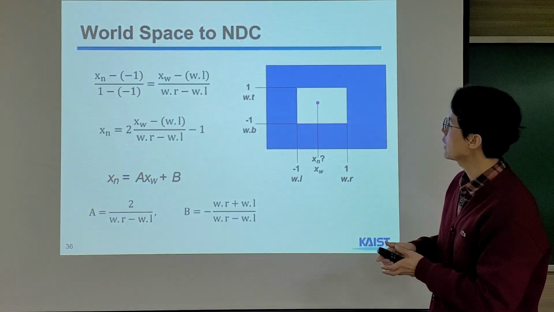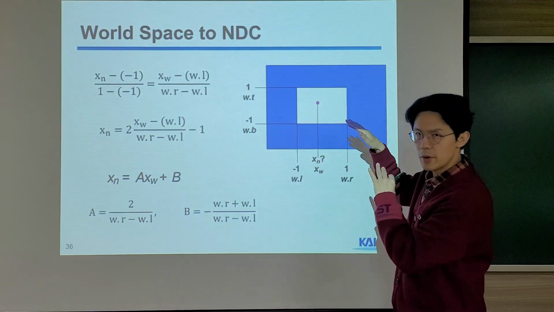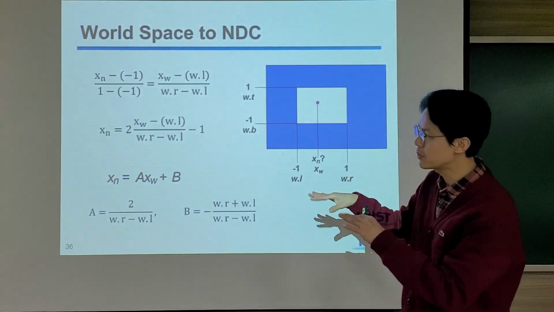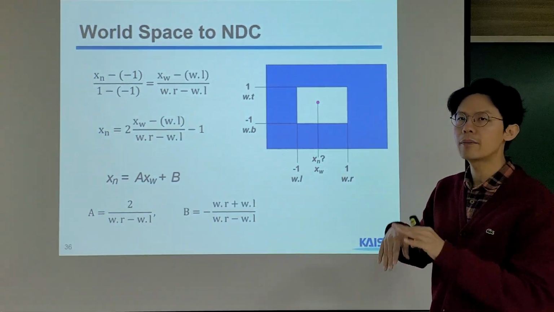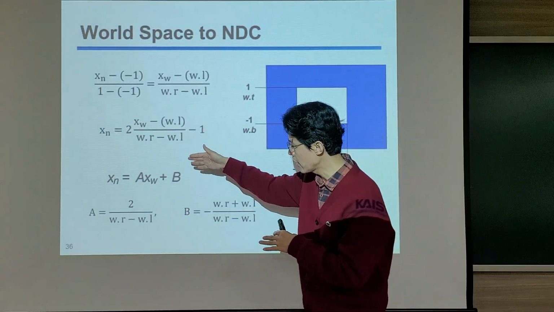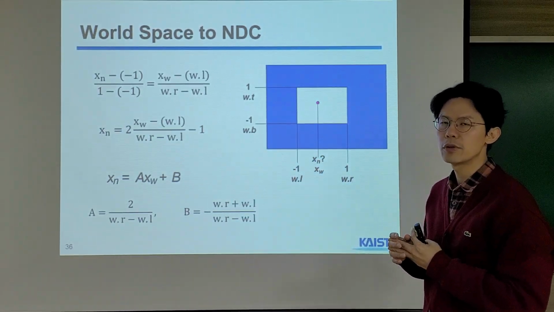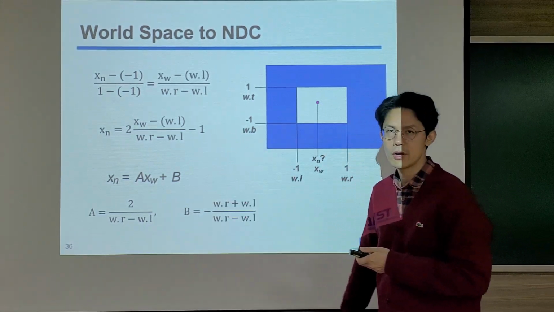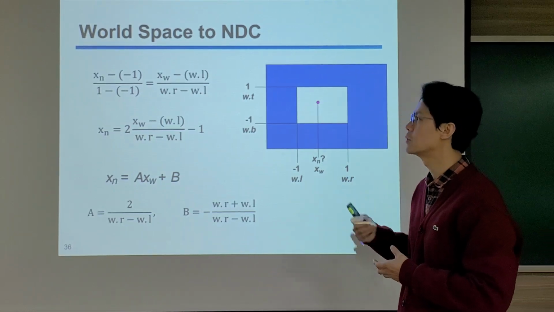But if we have many vertices within this world space, for every vertex, every coordinate, we have to apply this. This is a very simple linear operation, which is why the GPU evolved to efficiently process it. It also turns out that recent deep learning algorithms rely on this simple linear operation. That's why the GPU is very widely used even in deep learning.